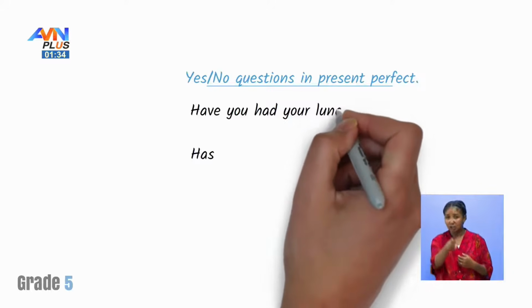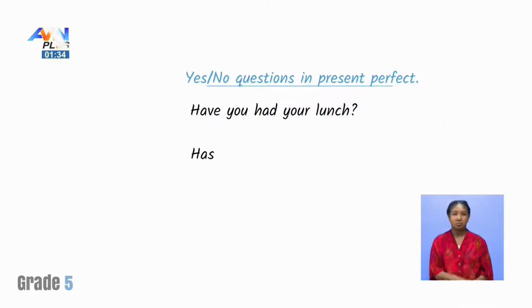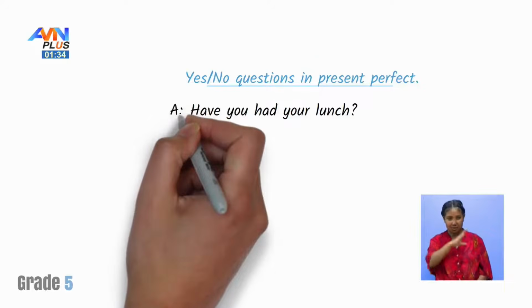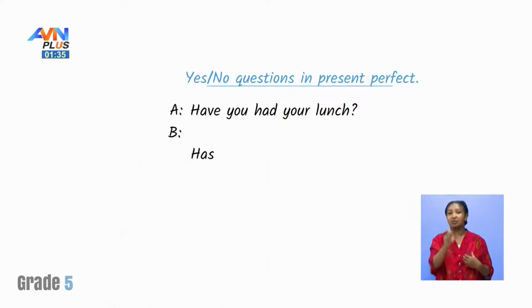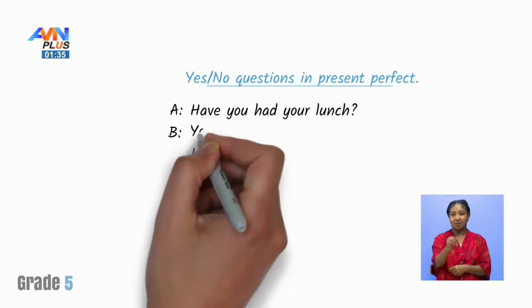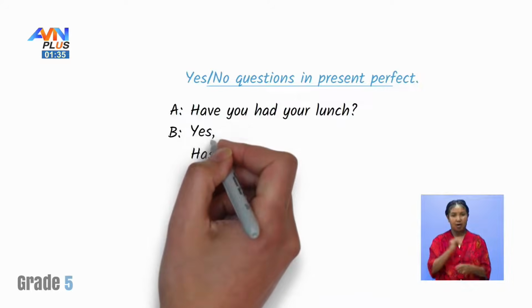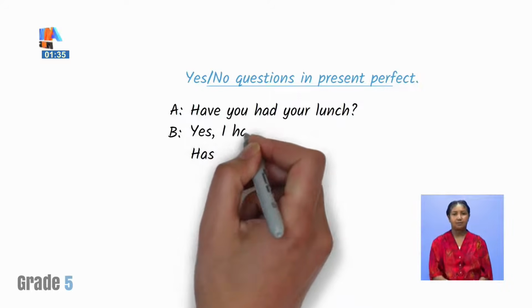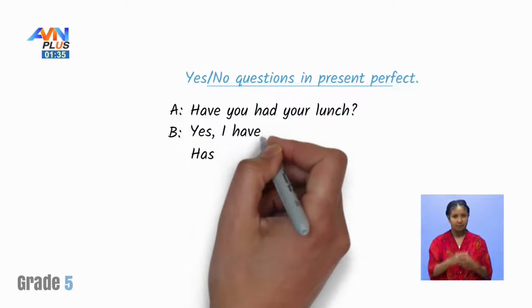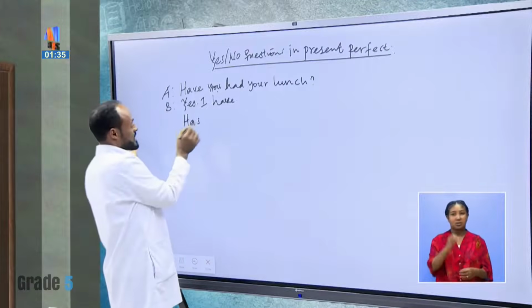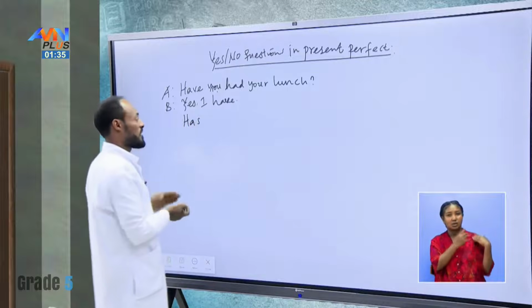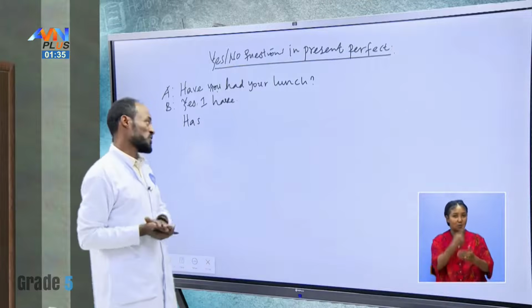Let's say this one is Mr. A, this one is maybe Mr. B. Have you had your lunch? The answer will be yes, I have. Okay? Because this one is a yes or no question. What about if the subject is third person singular especially?